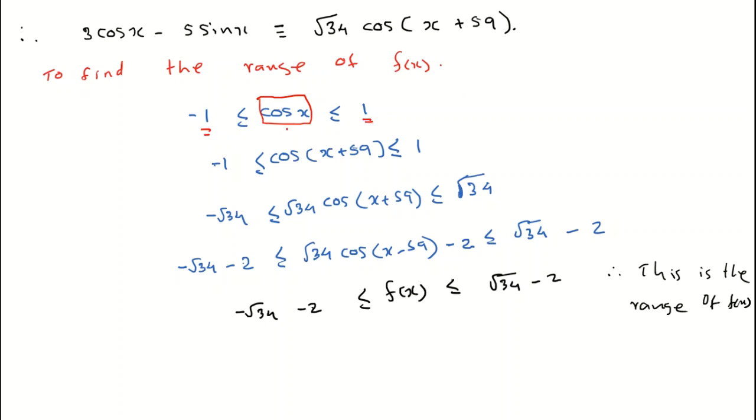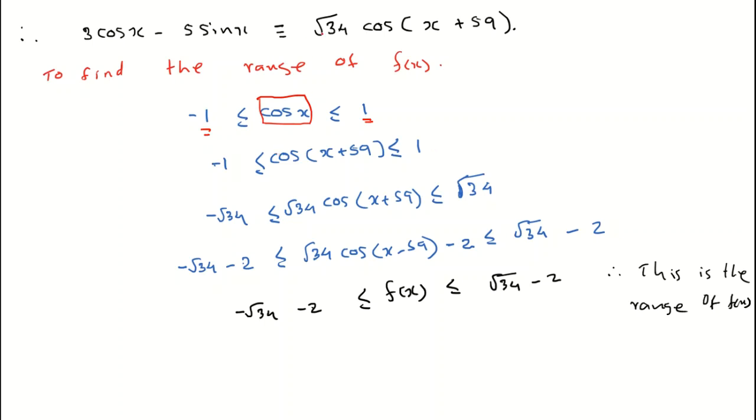So from the same thing we can derive cos x plus alpha is also in between the same values, because x plus alpha will not affect the y values, it affects only the x values. So cos x plus alpha is also in between minus 1 and plus 1.